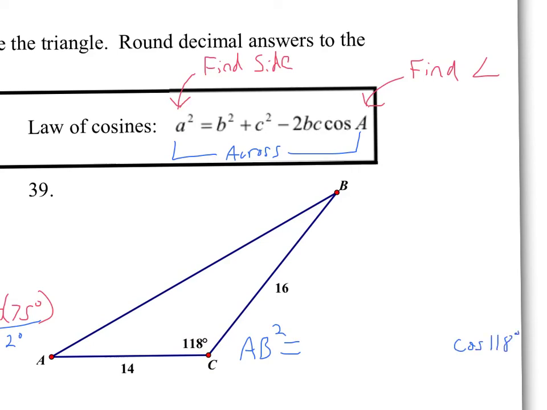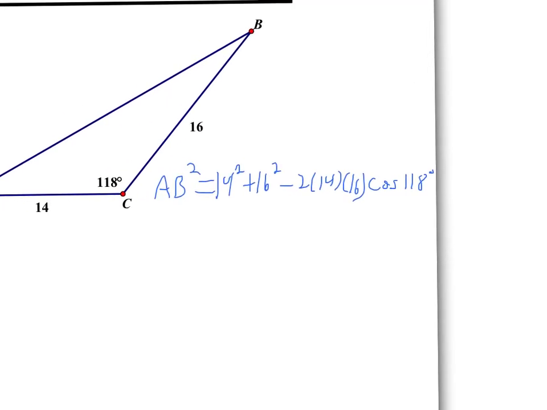So then, what are these in between B squared and C squared and such? Those are the two sides that you know. So we know 14 and we know 16. Doesn't matter which one you put first. So I'll just follow the formula. 14 squared plus 16 squared minus 2 times 14 times 16. And then that's times cosine of 118.